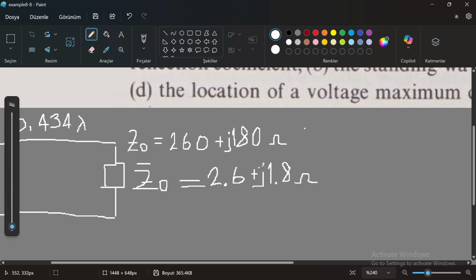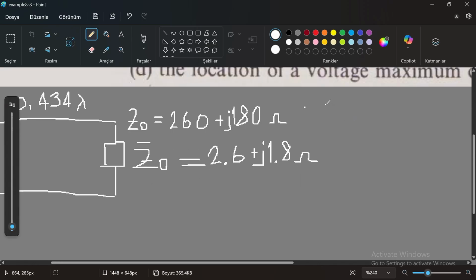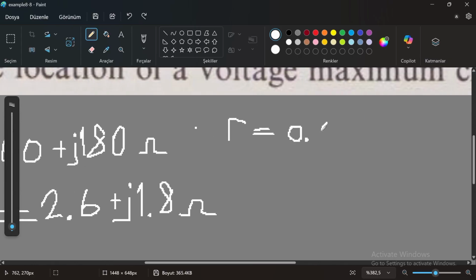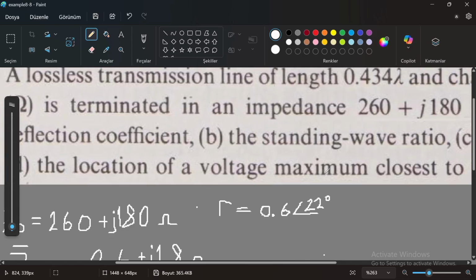Let me write it here as well. 22 degrees. Okay, we are done with the first question.